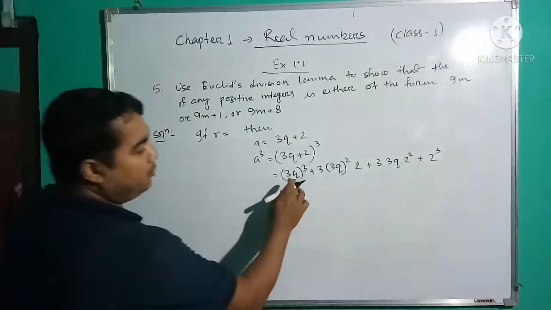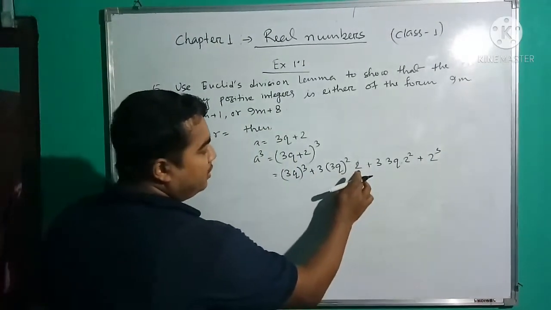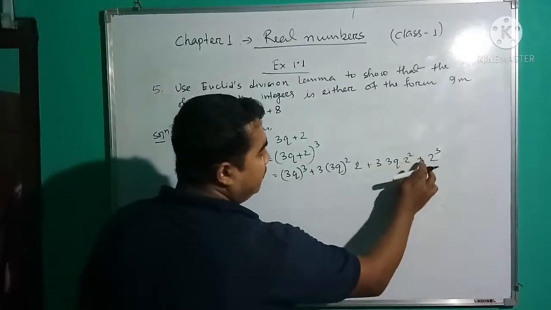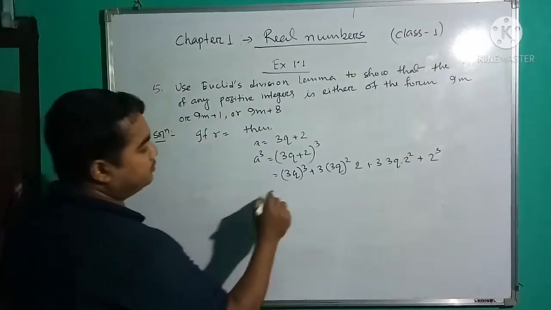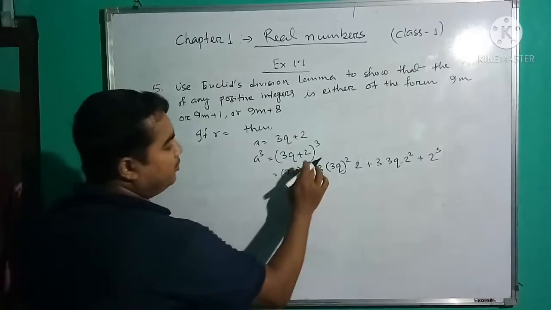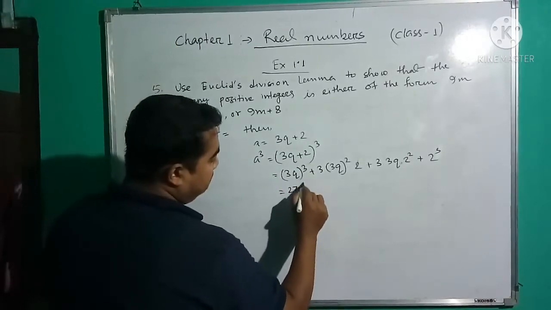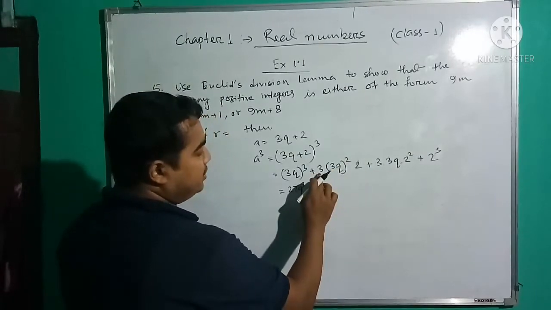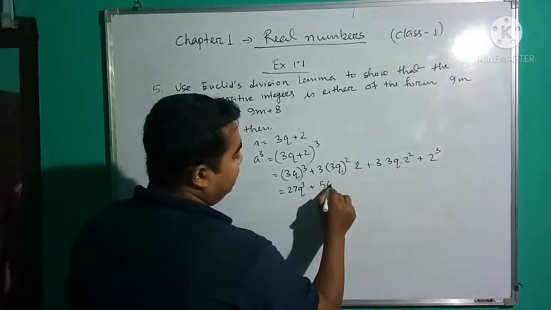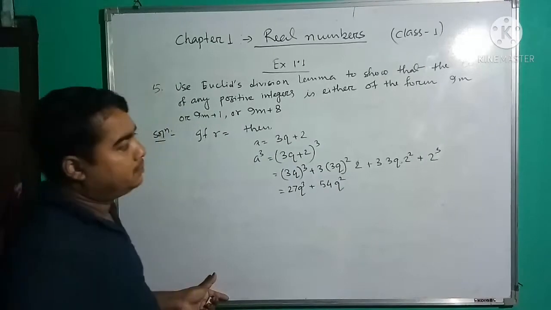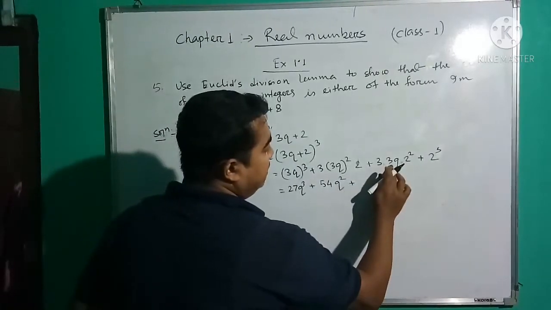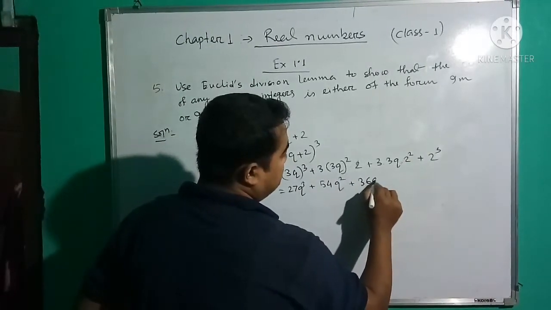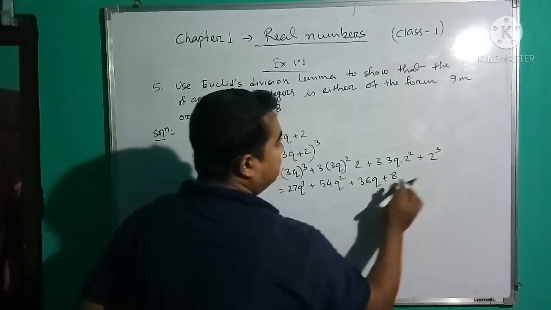Okay, a cube plus 3 a square b plus 3 a b square plus b cube. Now open the bracket, 3 cube value 27 q cube. Next 3 is a 9, 9 is a 27, 2 is a 54 q square plus 3 is a 9, 9 fours are 36 q and 2 cube value 8.